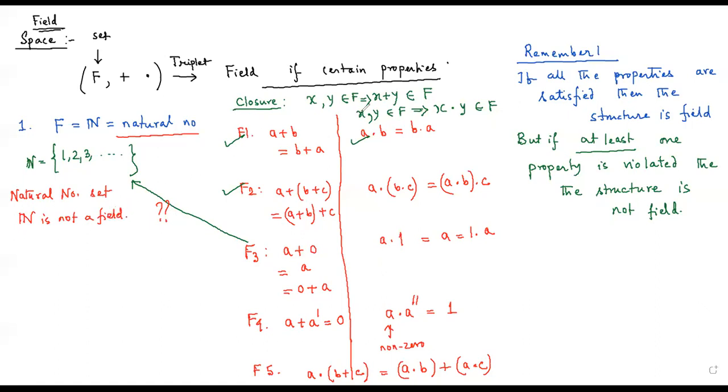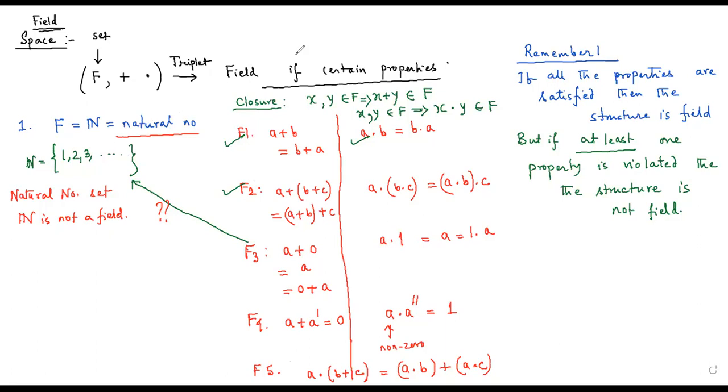Whenever you are going to check these properties, the way I have presented all the properties here, they have to be checked in this sequential manner. It is not like you suddenly go to F4, then check F5, then come to check the closure property and then F1 and then F2. Not like this. You have to go in a sequential manner. First, you need to check F1, then F2. In my set of natural numbers, these were satisfied.